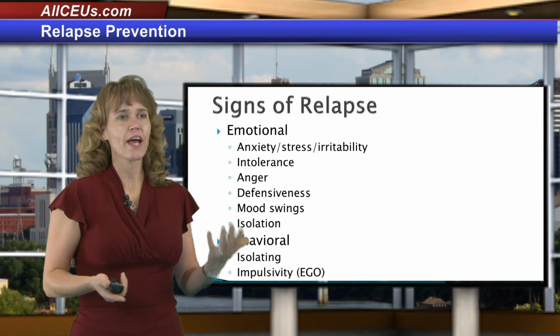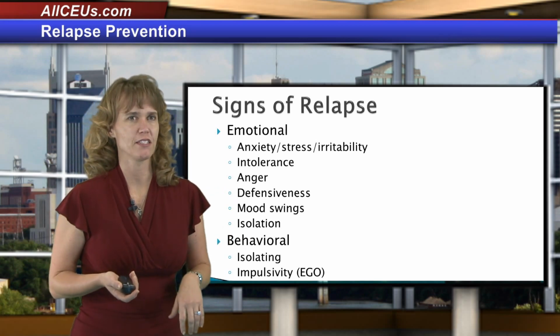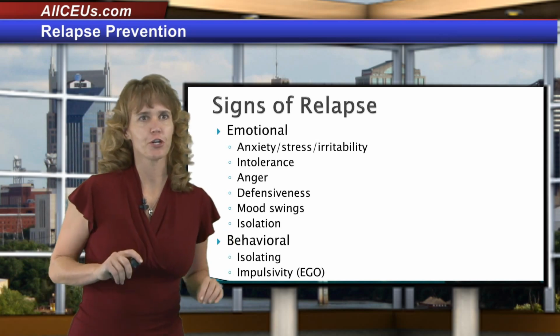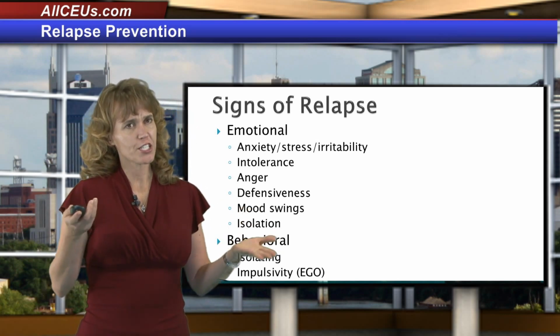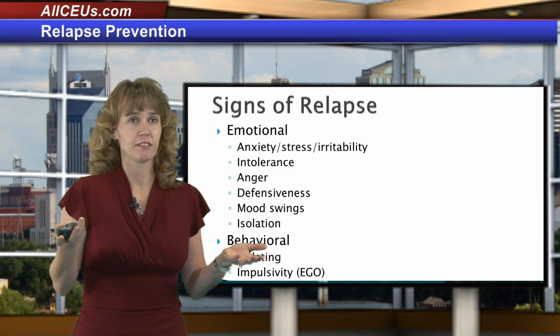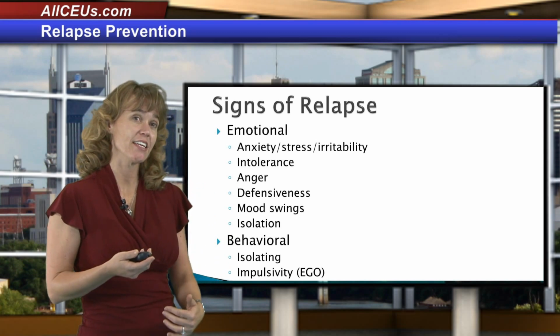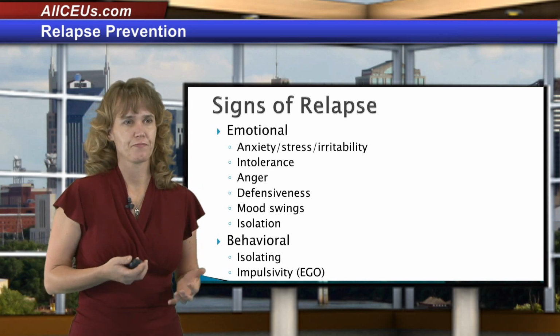So, being aware of these things when they linger. We all have anxious moments or a little blip of irritability here and there, but when it starts to predominate, you need to do a self-check. Am I taking care of myself to do everything I can to prevent this?